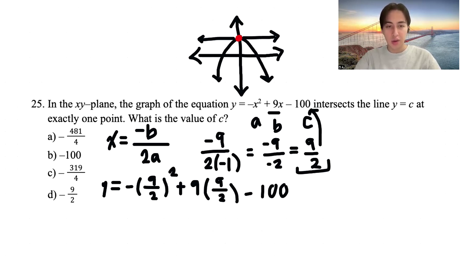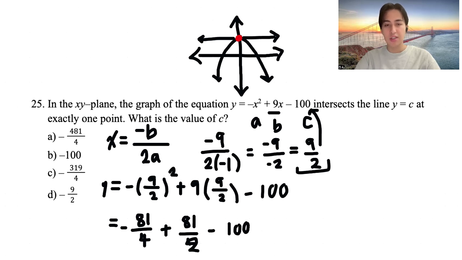9 squared will give you 81 over 4, and this negative is on the outside, so it will not change. Plus 81 over 2, minus 100.